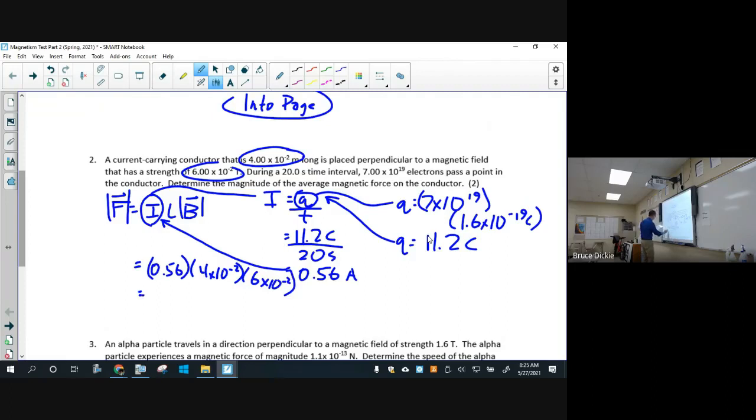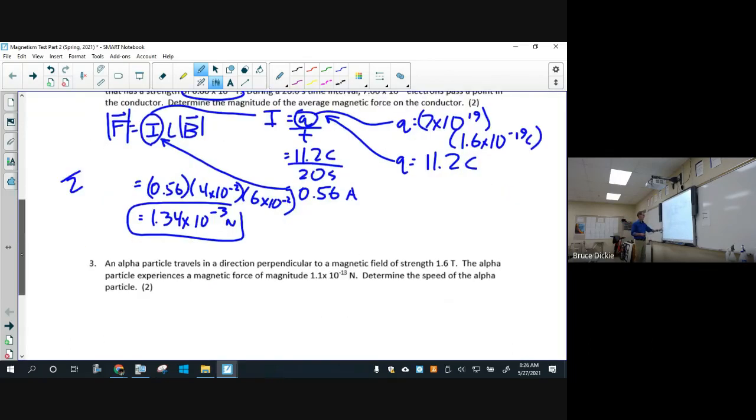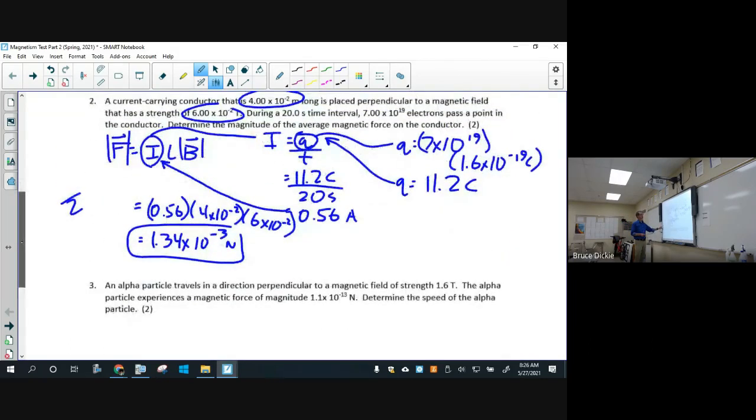Sorry, that's wrong. 1.34. Looking at the wrong number there. 1.34 times 10 to the minus 3 newtons. And that was worth 2 points. Pause that if you need to copy that down.